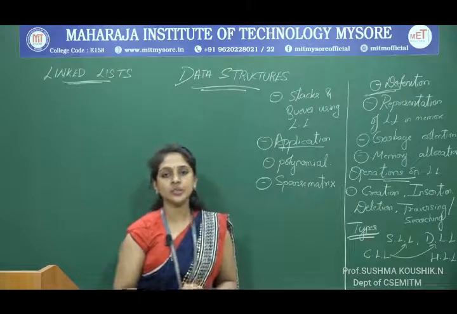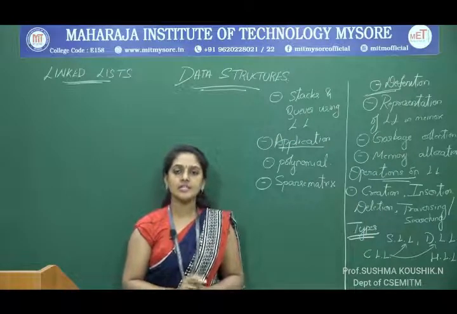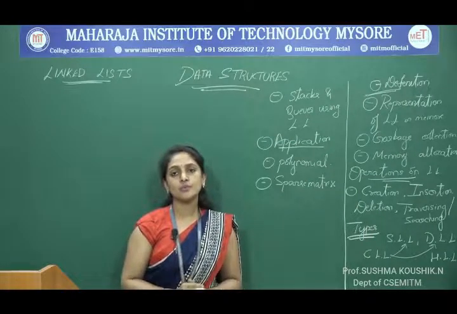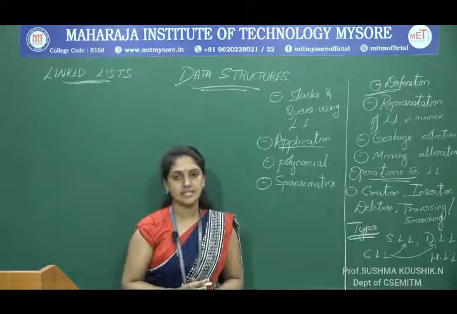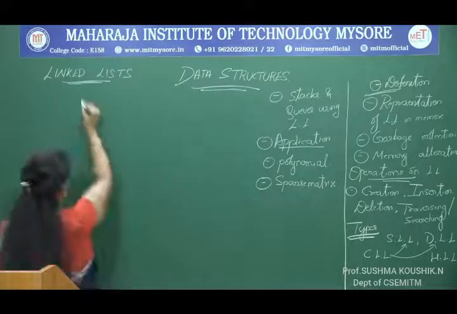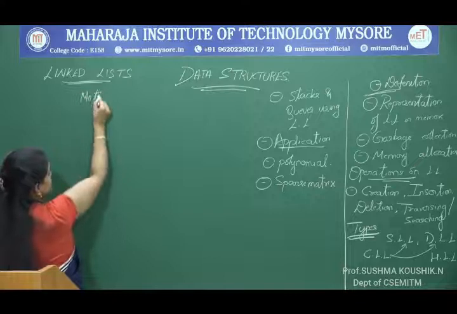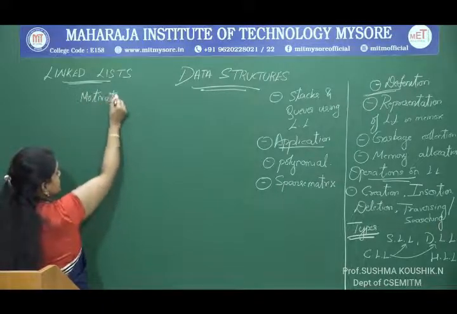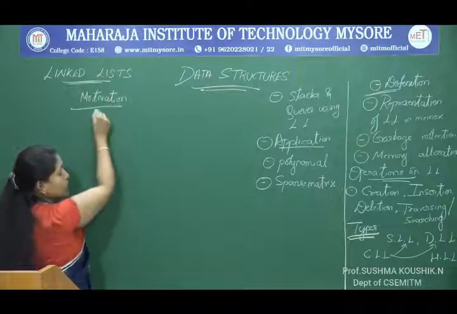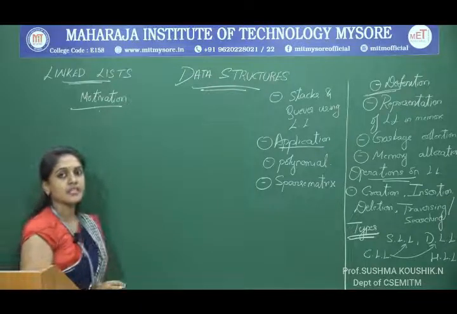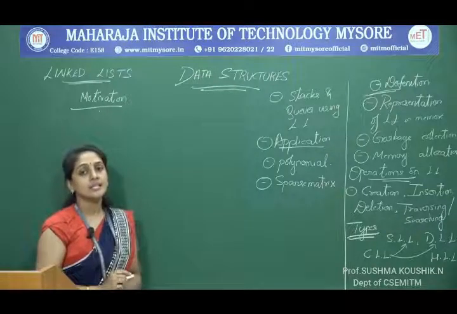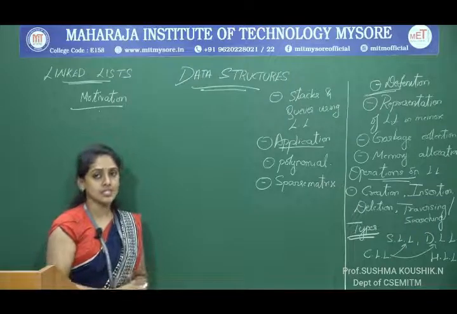Before even trying to know the definition of linked list, we shall just try to understand the motivation behind the linked list. So coming to the motivation part, to know the motivation of linked list, we have to first realize the limitation of some other data structure.